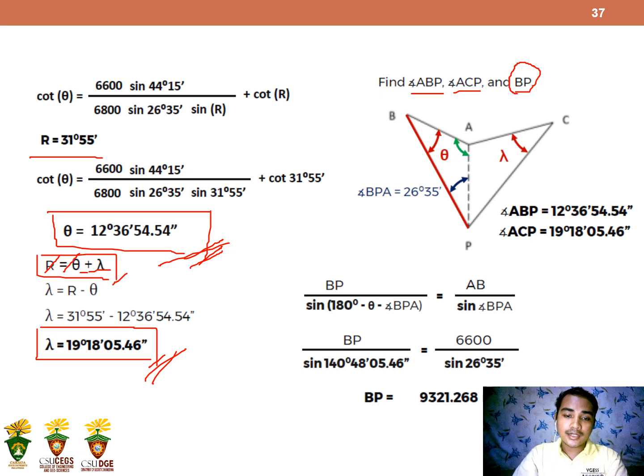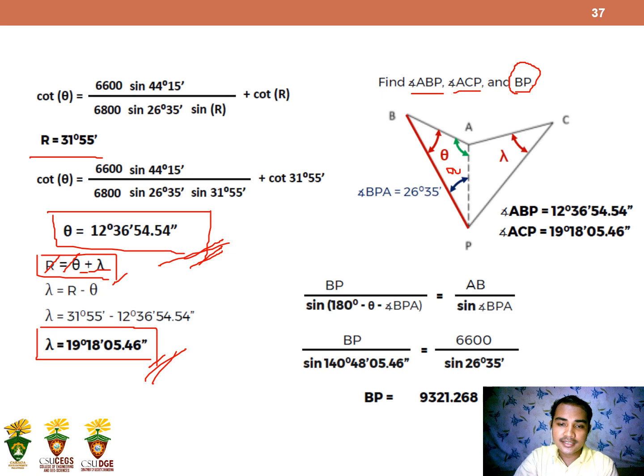And from that, we can use the sine law, which is BP, what we are looking for, all over the opposite angle. Since we already have theta and alpha, we can get the value for the angle opposite the side we are looking for.